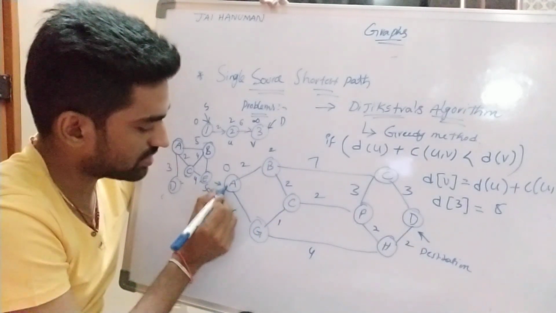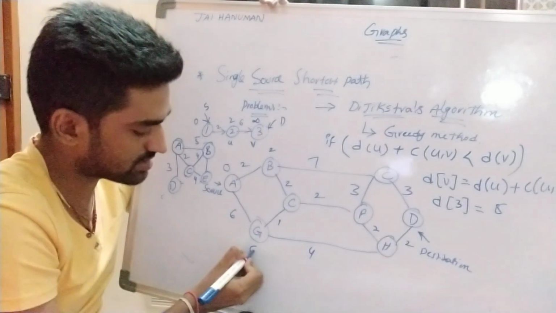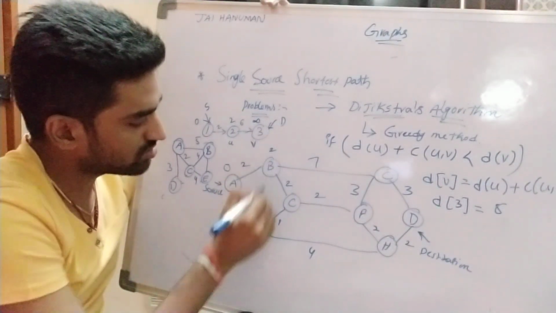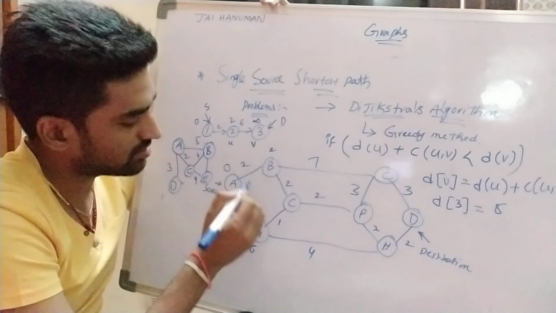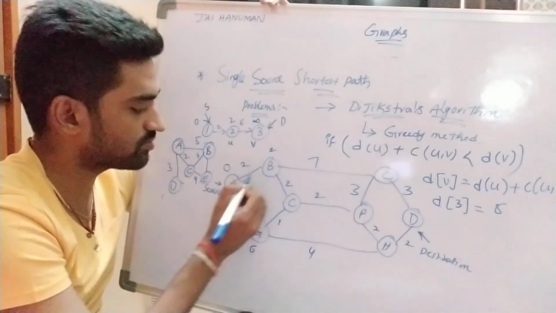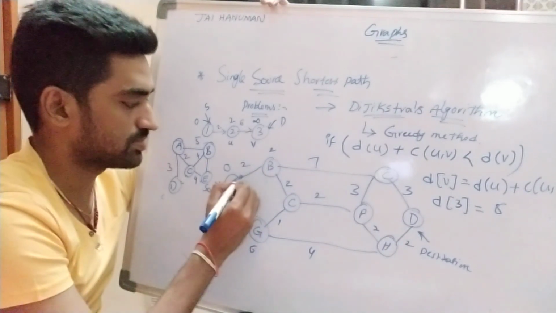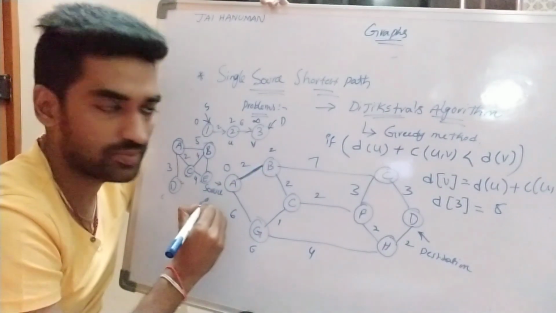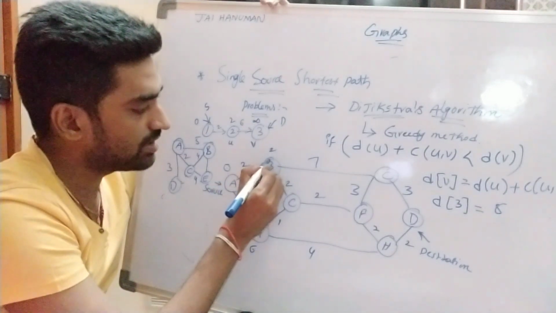What is the distance between A to G? 6. Among those, which one is the lesser value? 2. So here I am choosing B.